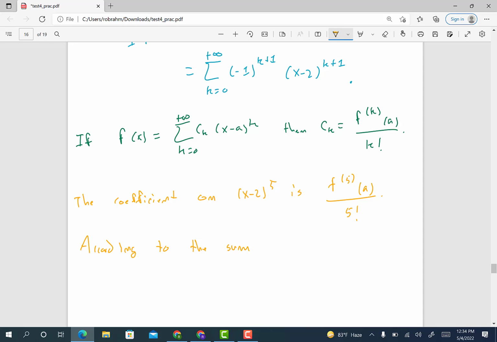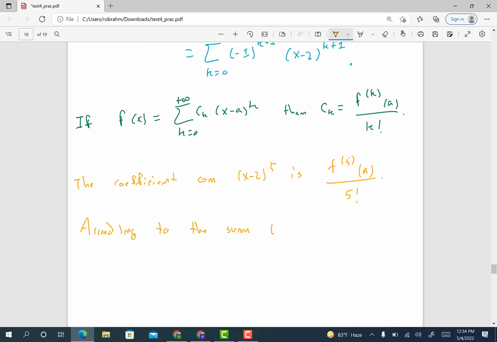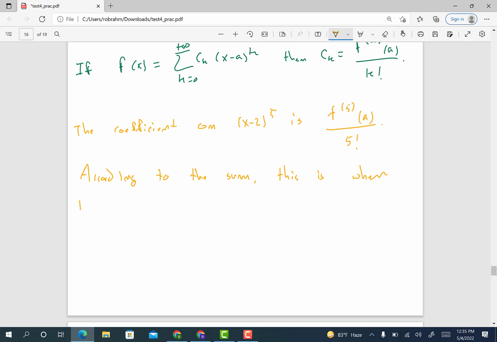when I want to find the coefficient on (x − 2)^5, that's going to be when k is equal to 4. So I'm going to have (−1)^(4+1), so that's (−1)^5. This is when k is equal to 4.